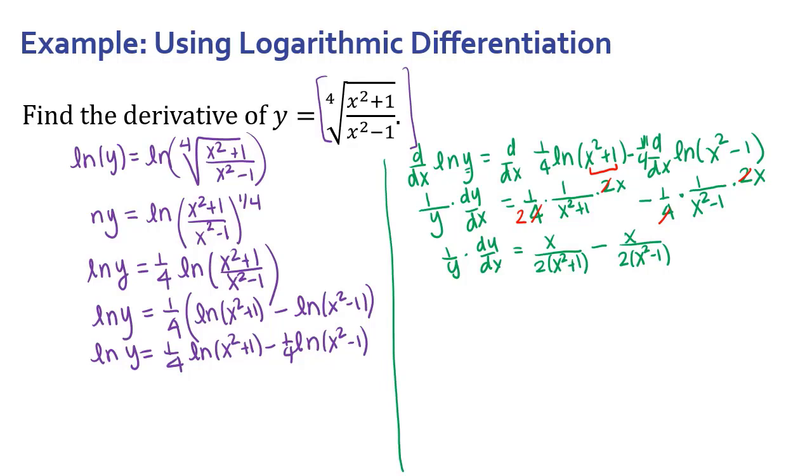Now my whole goal is to find the derivative of y with respect to x. That's what I was solving for. So to get dy dx by itself, we're going to get rid of that y. We can multiply both sides by y to get rid of that.